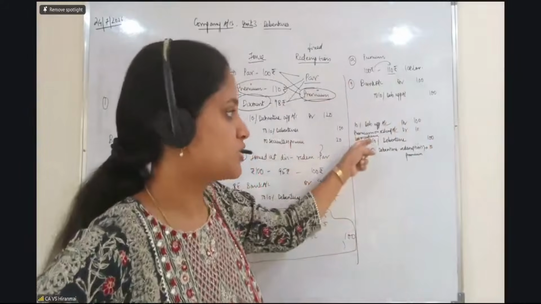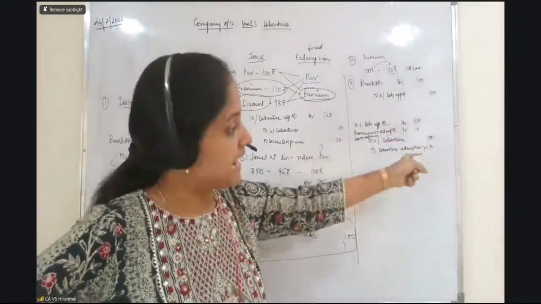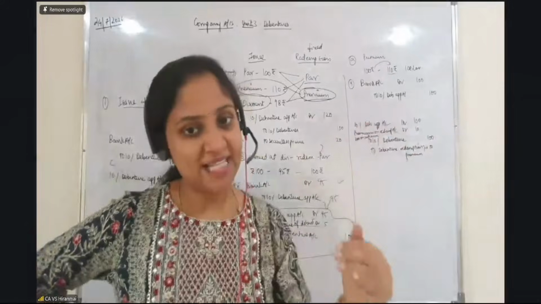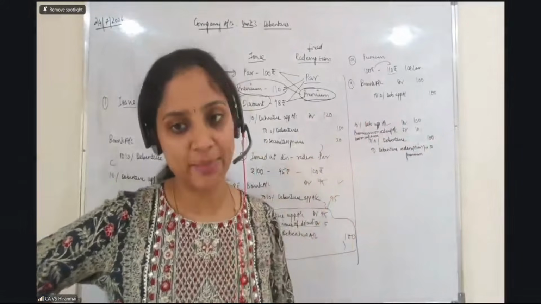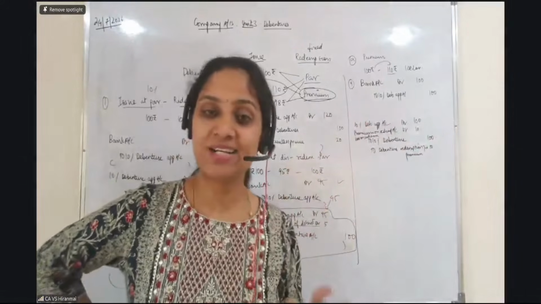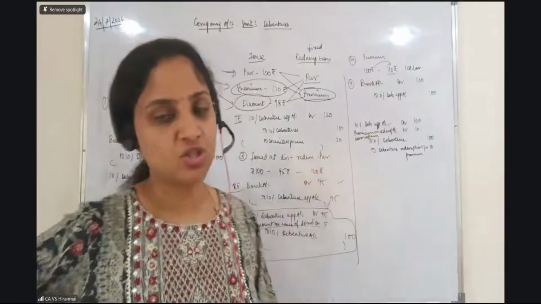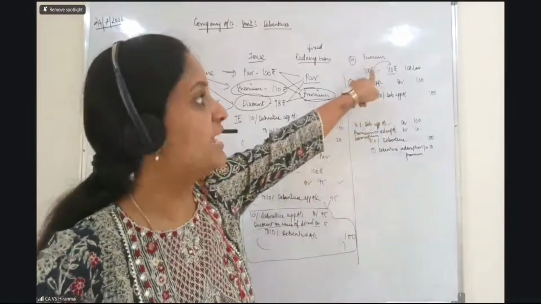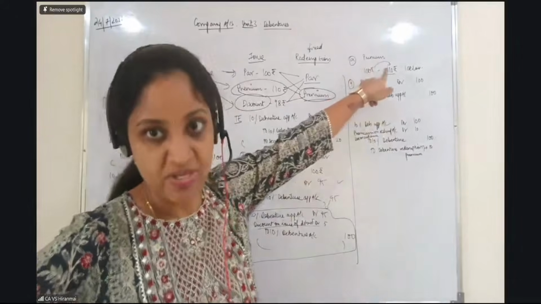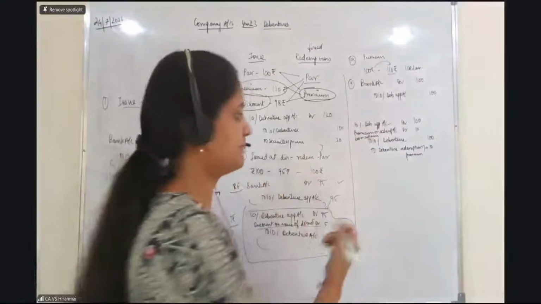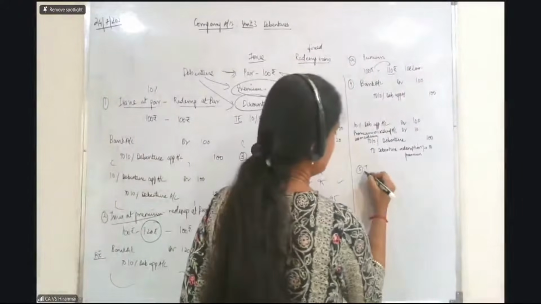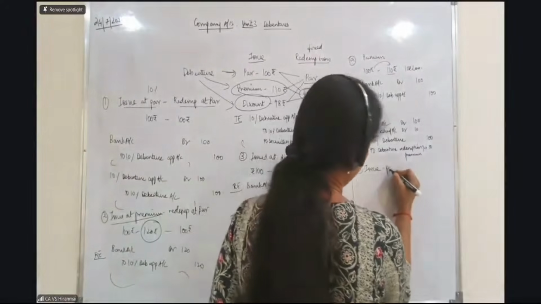So here loss on redemption debit 10 rupees, and on the credit side to balance the entry you are introducing a liability, and that liability is created due to what? When I have to redeem at a premium, I have to pay this much. So this is the first one where issue is happening at par, redemption is happening at premium. Now the next one is issue is happening at par.